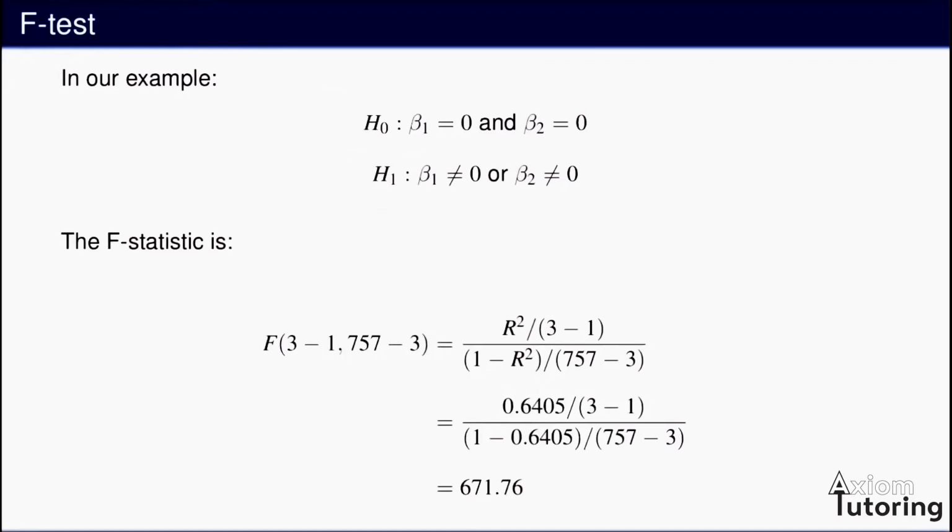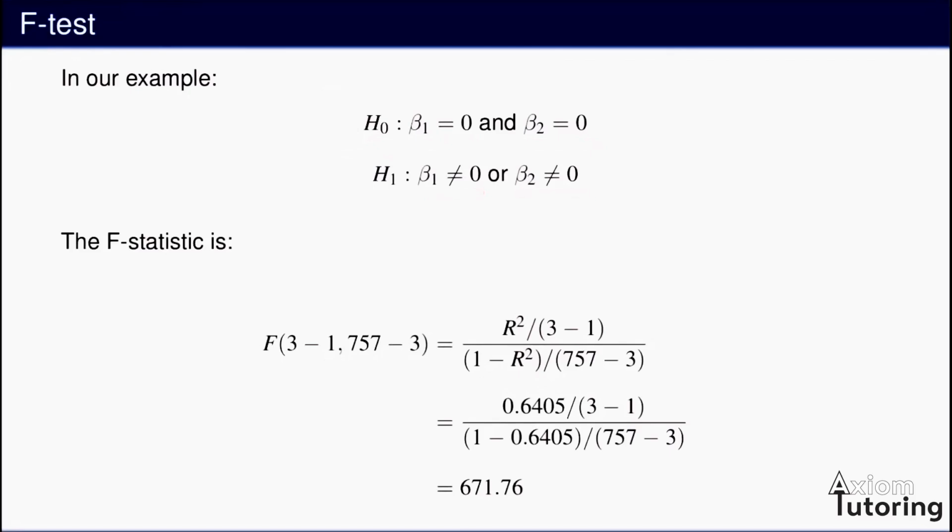Now, in our example, we had H naught, which was beta 1 is equal to 0 and beta 2 is equal to 0. And our alternative hypothesis was beta 1 different from 0 or beta 2 is different from 0.